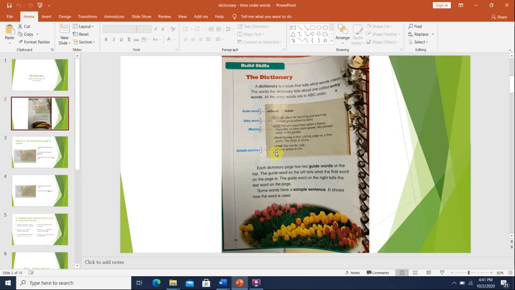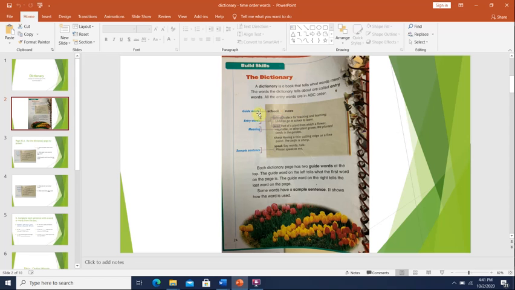Again, on the top of the page, we have two words. What are those two words? They are guide words. What does that mean? It tells you or guides you that school will be the first entry word, and store will be the last entry word that you'll know the meaning of.